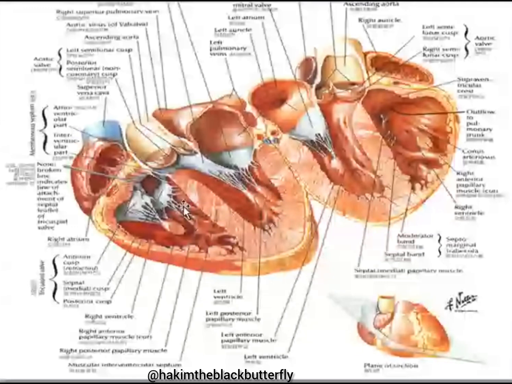What is the importance of these papillary muscles? These papillary muscles pull the valves open and push them closed. They pull the valves open during diastole and they push them closed during systole. Why do these papillary muscles push the valves closed during systole? To prevent blood from regurgitating back to the atria.